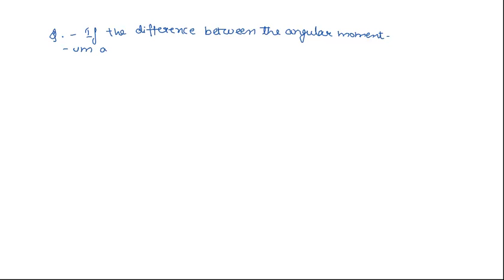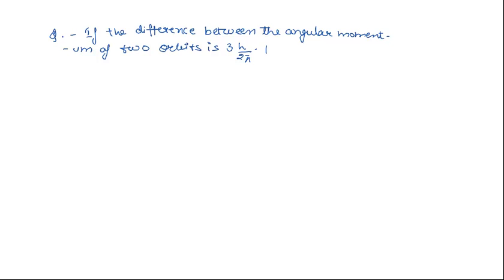Say, I'll take an example here: if the difference between the angular momentum of 2 orbits is 3h upon 2 pi.